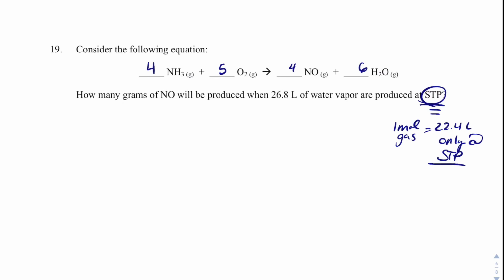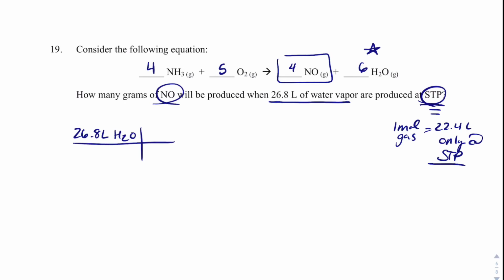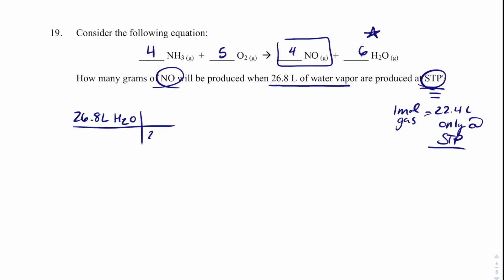So here we are given 26.8 liters of water vapor, so we're at STP, and we need to convert it to grams of NO. So I'm going to take 26.8 liters of H2O. Good rule of thumb in chemistry, if you're ever in doubt, try to get to moles. There are 22.4 liters of H2O in 1 mole of H2O, and that's only at STP. Now that we're at moles, we're at that critical mole bridge step.